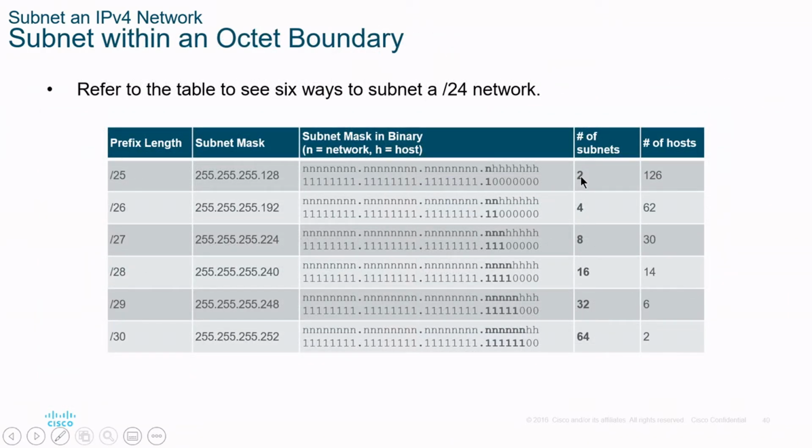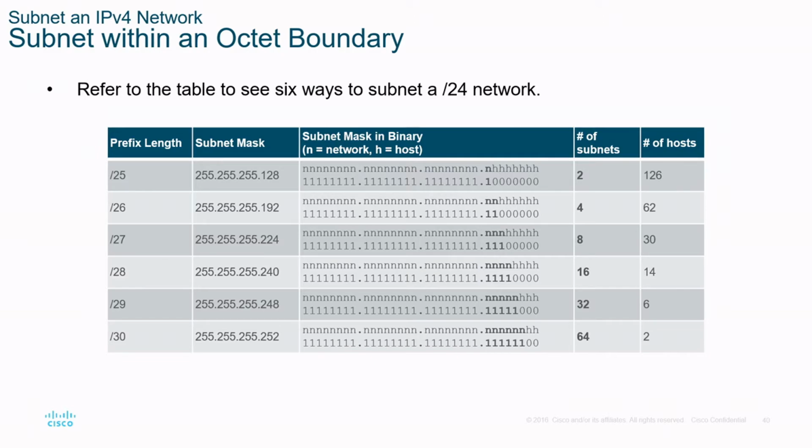So you guys can see that there is a /25 prefix. They took a class C, they borrowed 1 bit, which is bolded over here. By borrowing 1 bit, you've generated 2 networks. So remember, this thing's base 2. Every time you borrow 1 bit, you're going to double the number of networks.